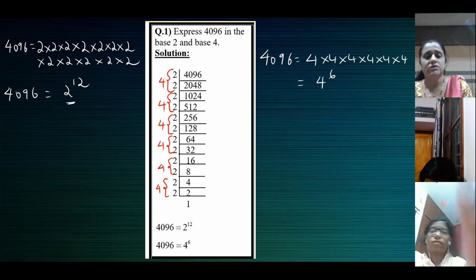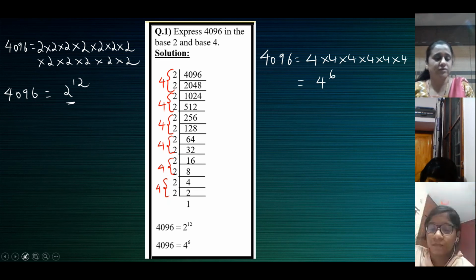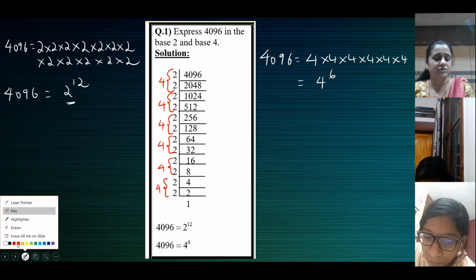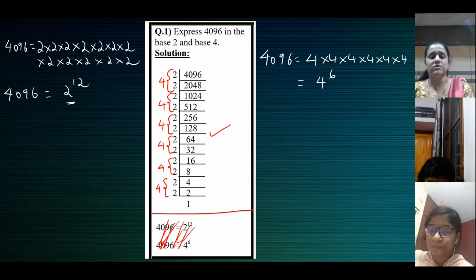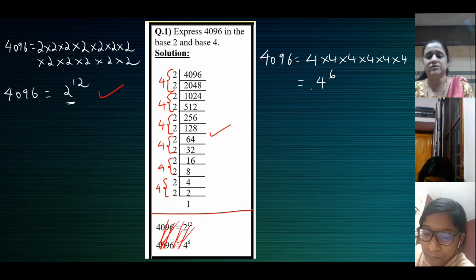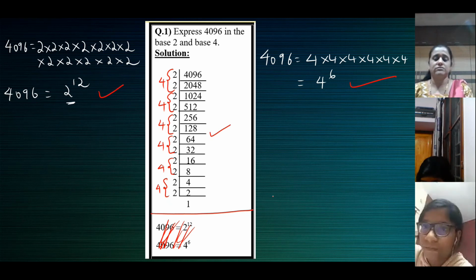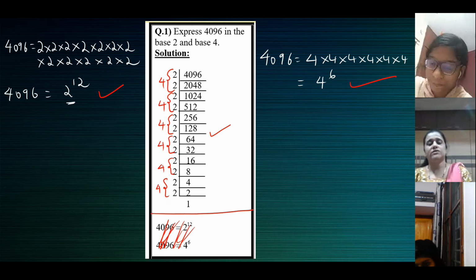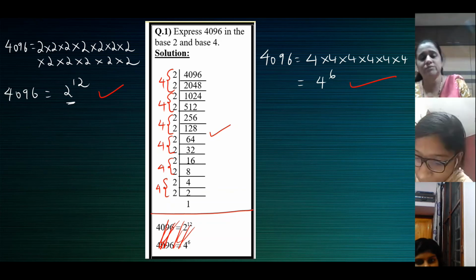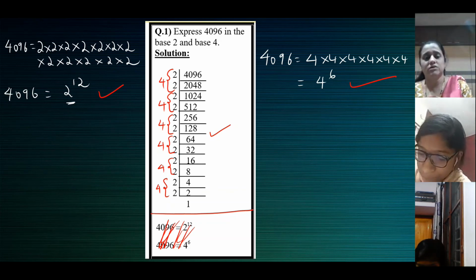You can please do this prime factorization method and write these steps. You don't show it like this. After the prime factorization method, please work it like this. All right? So this is writing a number in base 2 and base 4.